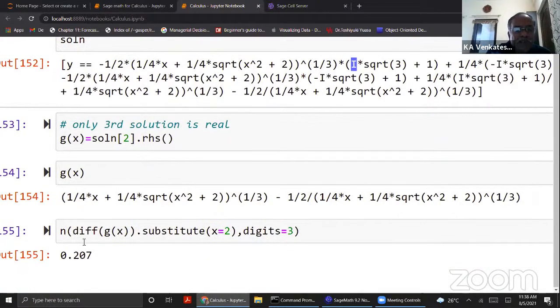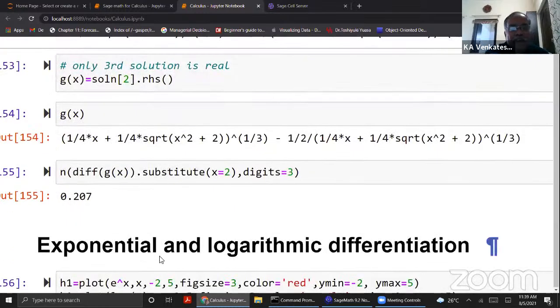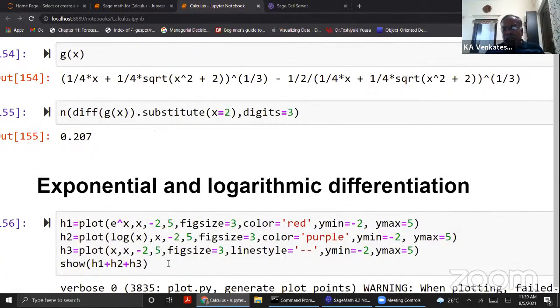Then differentiate and substitute x equal to 2. So this is what we defined as g of x. We want the derivative of the inverse function at x equal to 2, so we pull out the differentiation of this and substitute x equal to 3. We get 0.027.